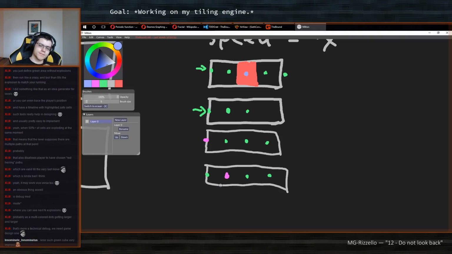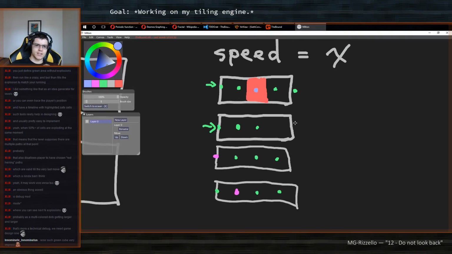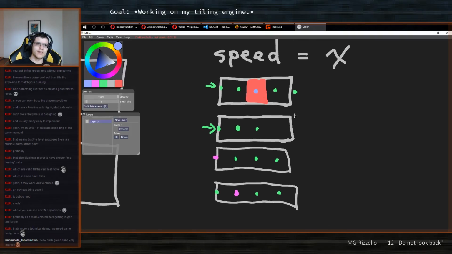Okay, so a starting tile has 3 values pretty much.